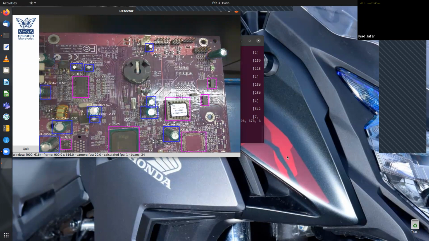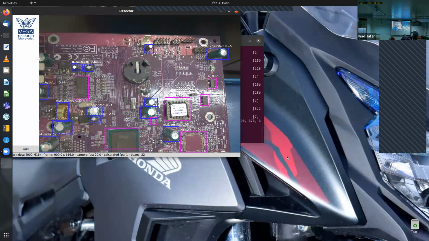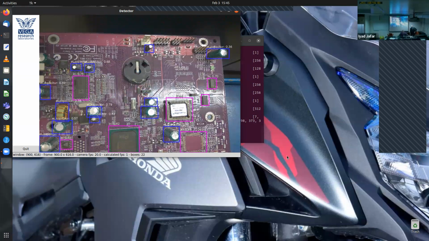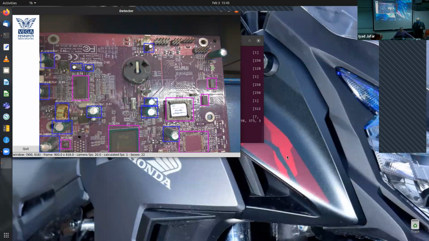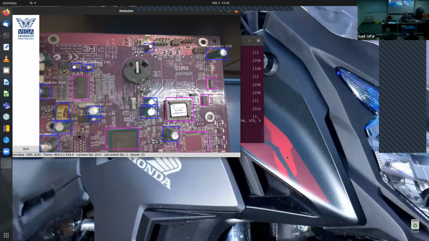Maybe I can explain the rationale of this application. The objective of this research is to extract tantalum, beryllium from the electronic components.